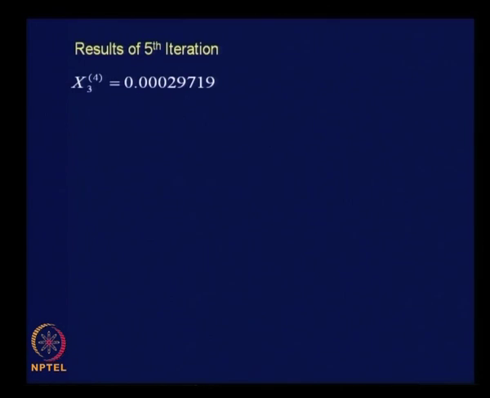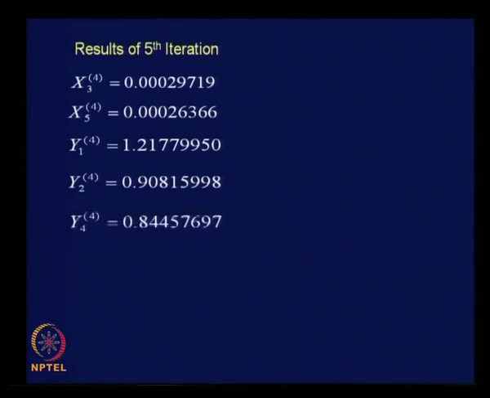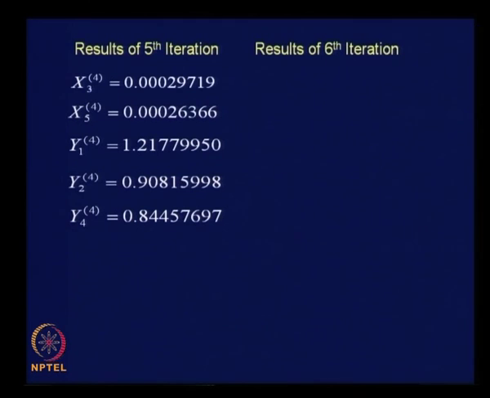This is the value of x3 you are getting on completion of fifth iteration, and x5 value is this, y1 this much, y2 and y4. Then let us do the sixth iteration also and get the corresponding values.